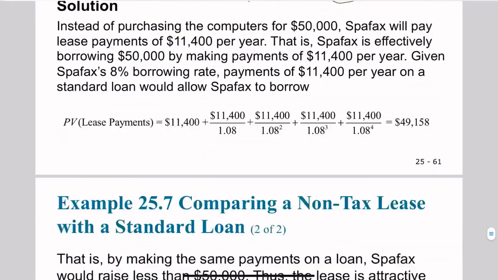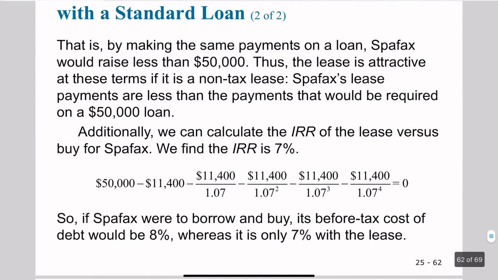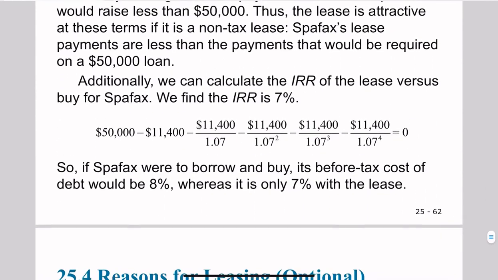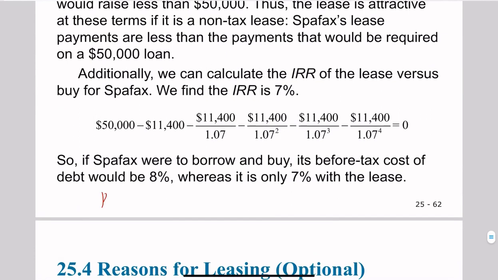Okay, now let's discuss the second method. We will use the internal rate of return. So what you will do here is, as I said, to calculate the internal rate of return, you will make sure the purchase price minus the residual value minus the present value of the lease payment equals 0.